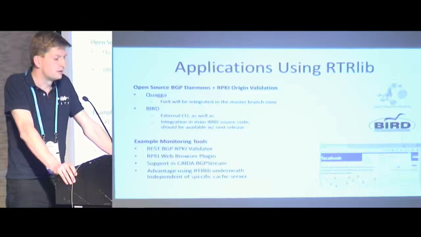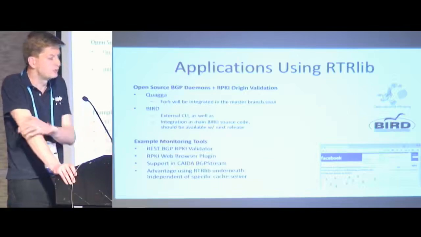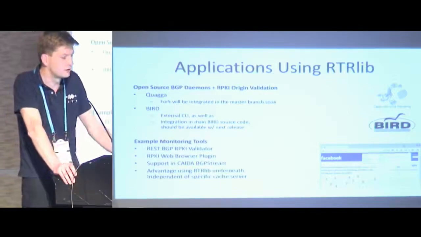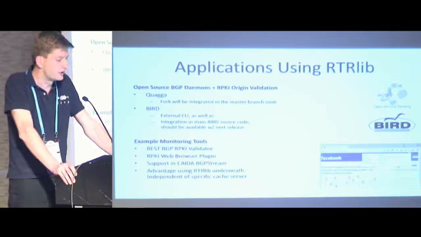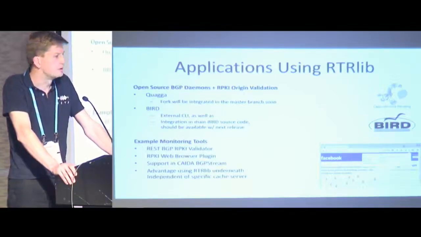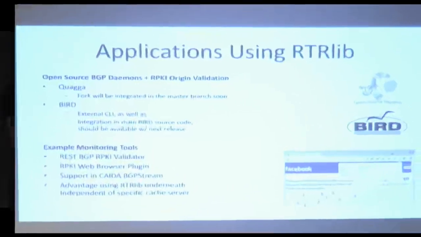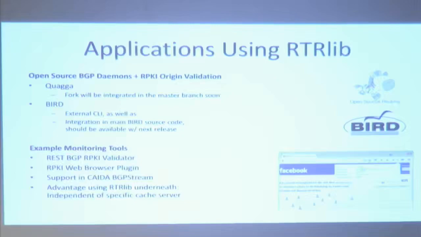We have developed a REST interface as well as extensions for the BGPStream, which was mentioned in the first session today. We have also developed a little plugin for a browser that gives you a brief insight into whether the web server infrastructure is secured by the RPKI, in the sense of whether their ROAs have been created or not.